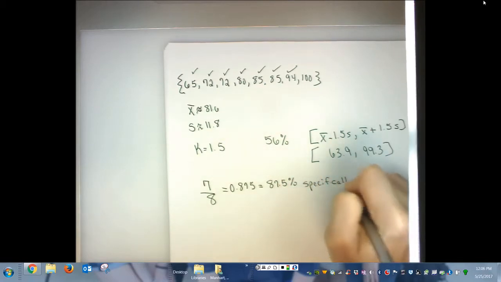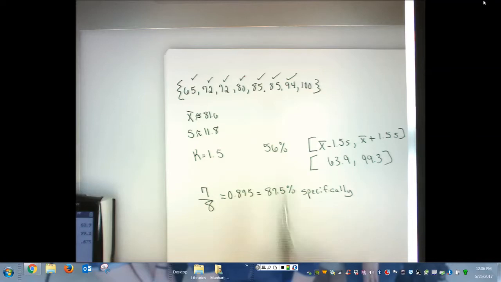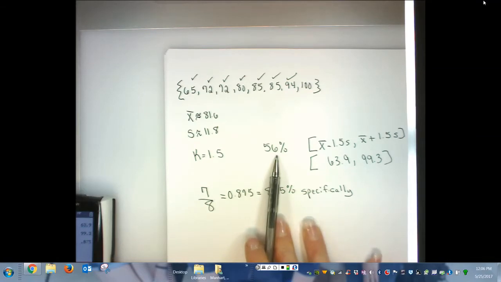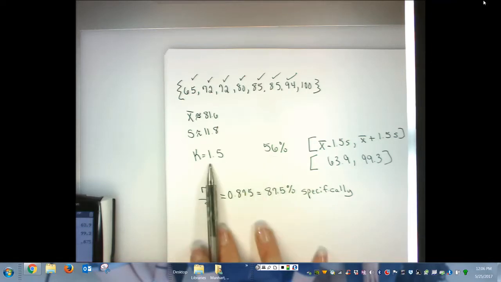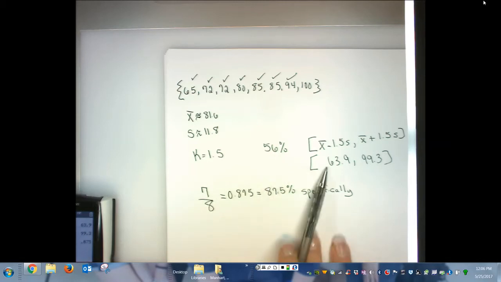Again, on the test, I could give you a data set like this, and I could say, according to Chebyshev's theorem, what is the general percentage promised? So, with 1.5 standard deviations, at least 56% of the values are guaranteed to fall within 1.5 standard deviations, at least 56%.